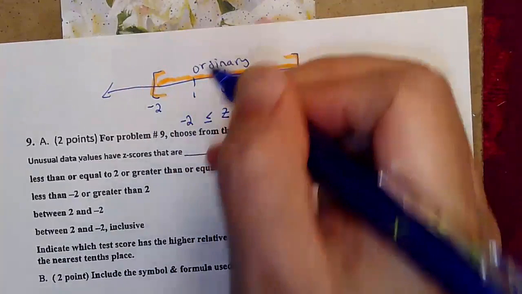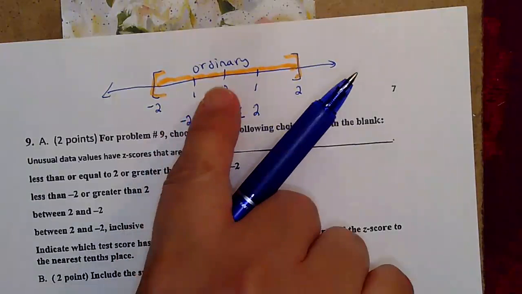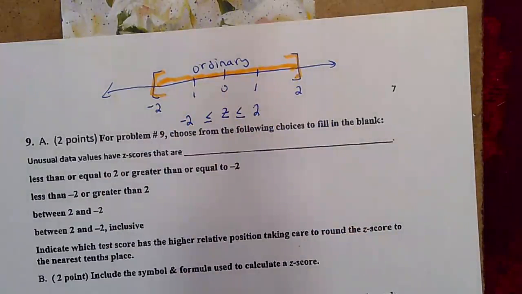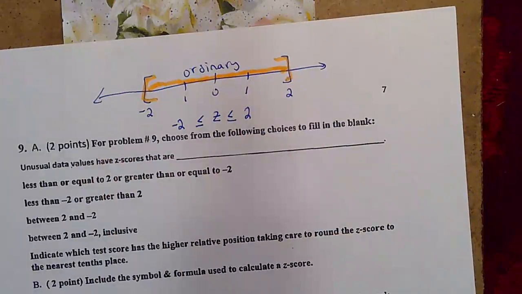If you have a z-score that falls within 2 to -2, that's considered ordinary. And if that's ordinary, then that means your data is considered ordinary, not unusual. Okay, if your z-score falls within this space here, and that's having to do with the empirical rule. A large percentage of your data falls within this range of 2 to -2, related to that formula.